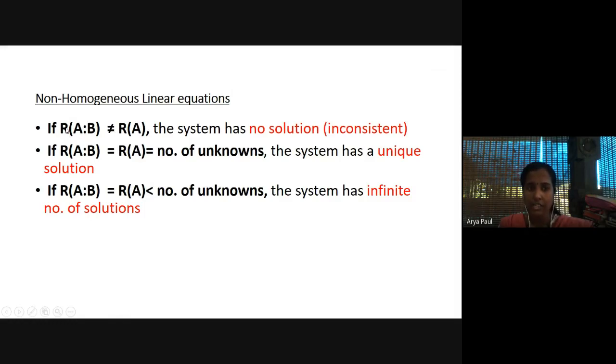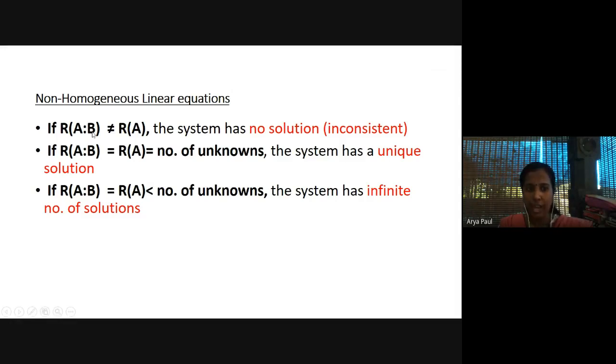R stands for the rank of a matrix. What is AB? You write A first, then you write B. That means you are combining two matrices, A and B, and showing them as a single matrix. It is a concatenated matrix: after A you are writing B.